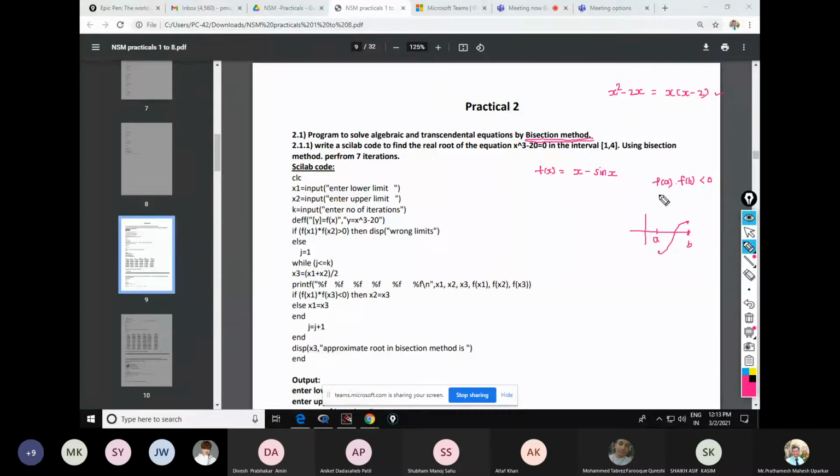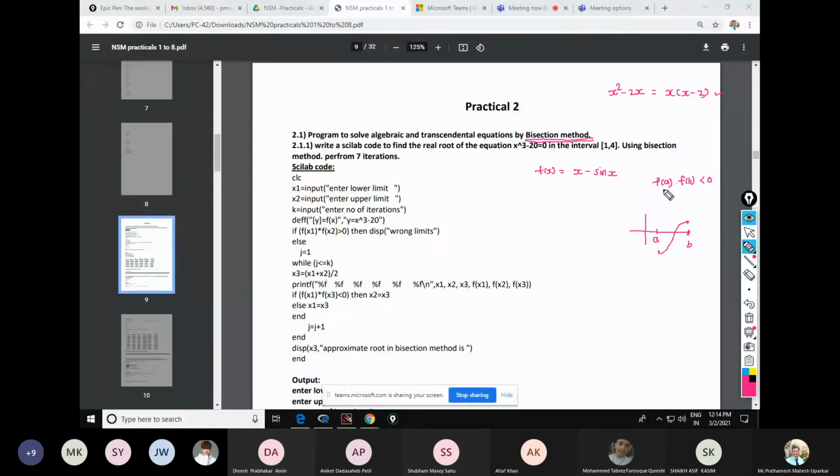If both are positive or both are negative, then the product will have a positive sign. The product has a negative sign when they differ in sign. That is, f of a is negative and f of b is positive, or f of a is positive and f of b is negative.